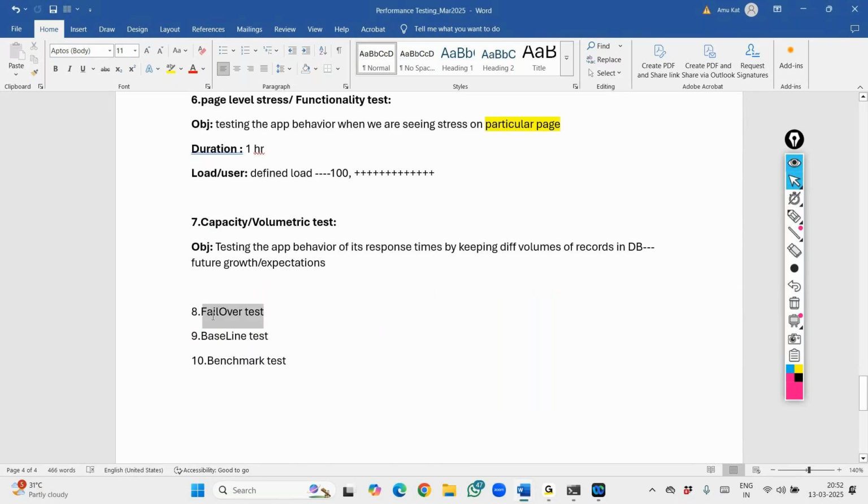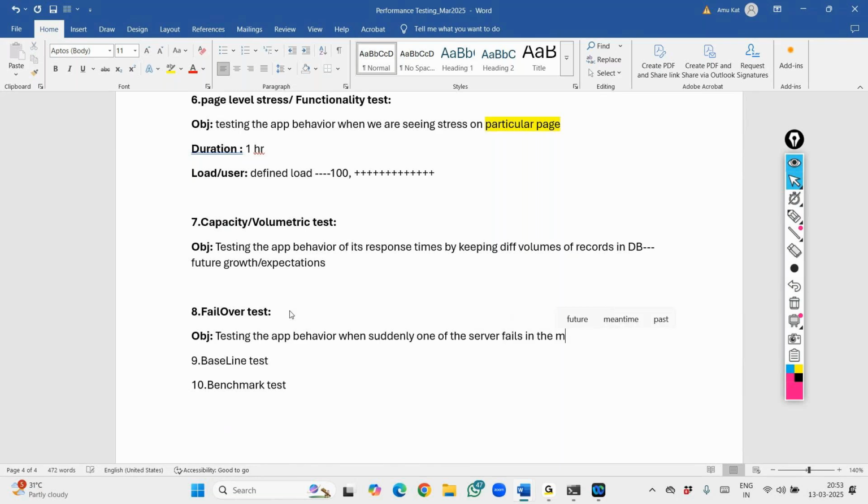And moving to failover. We already discussed this failover yesterday and the day before yesterday as well. The main objective is testing the app behavior when suddenly one of the servers fails in the middle of execution.